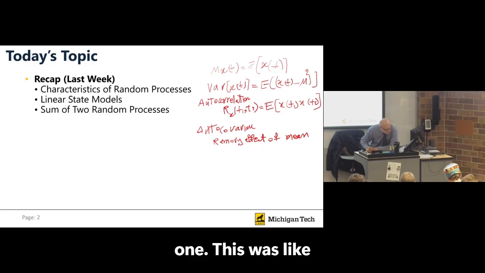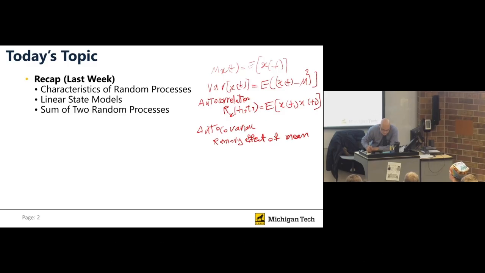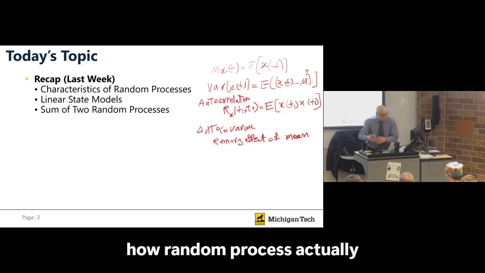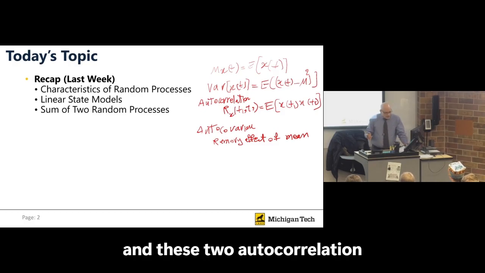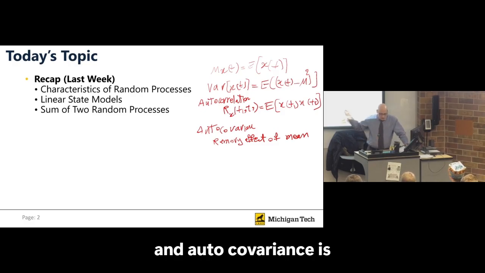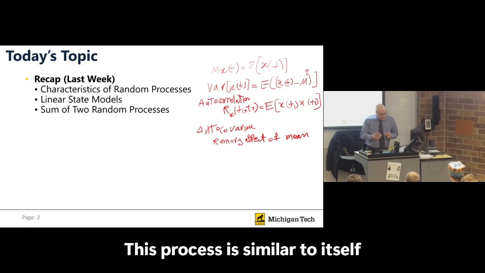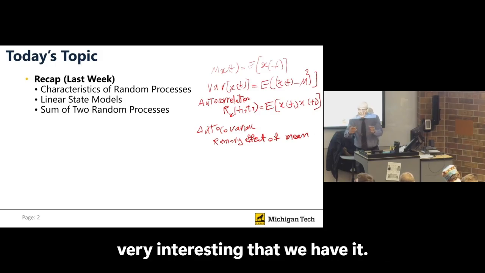This was like characteristics of random process. One showing the mean or average. The other one showing how random process is actually fluctuating around the mean. And these two, autocorrelation and autocovariance, are showing how this process is similar to itself in different times.